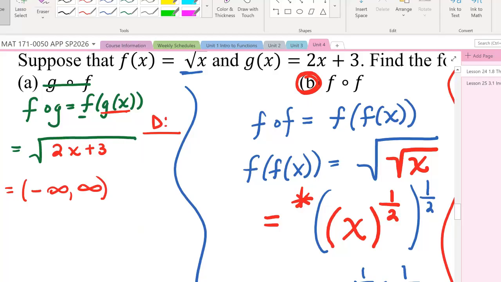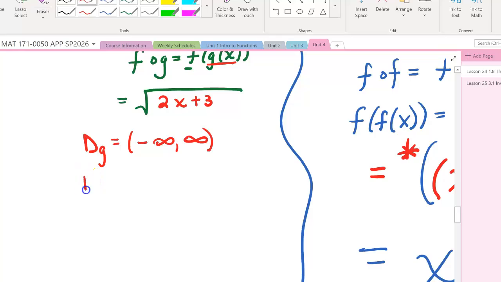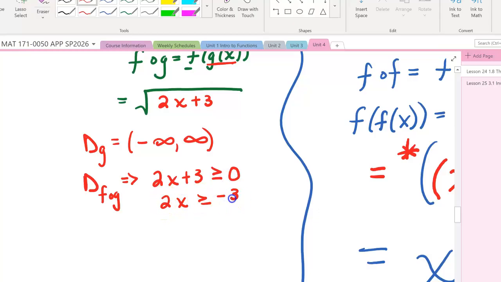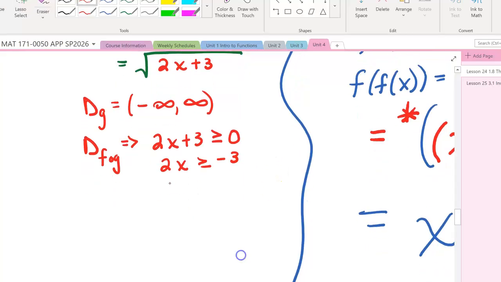So remember, to find the domain of a radical, let me do this down here so I have room. What you have to do is take what's under the radical and say that it's got to be greater than or equal to 0. So that would give us 2x is greater than or equal to negative 3, which would give us x is greater than or equal to negative 3/2.